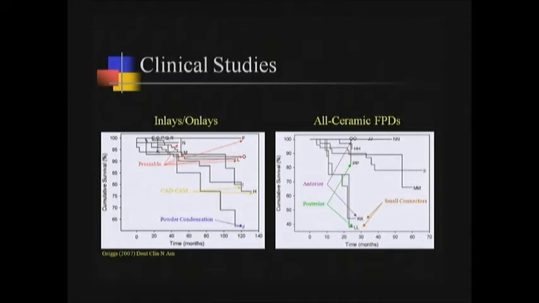And we can also notice some patterns like for the all-ceramic fixed partial dentures that there is a higher survival rate in the anterior than there is in the posterior for a given material because of the lighter biting forces in the anterior. And that if we make, not according to manufacturer's recommendations, but use smaller connector area for better aesthetics, that we can run into trouble and have a much lower survival rate.